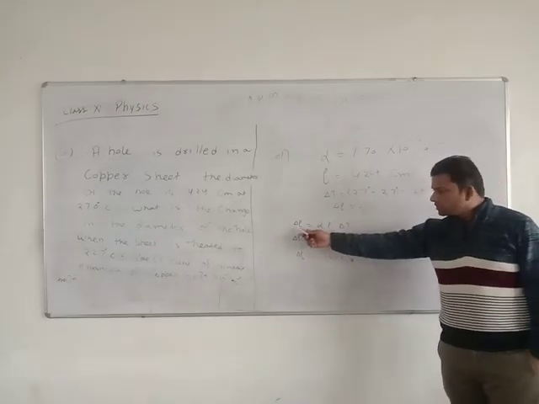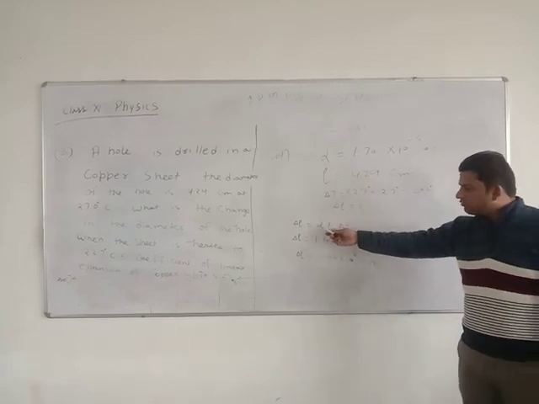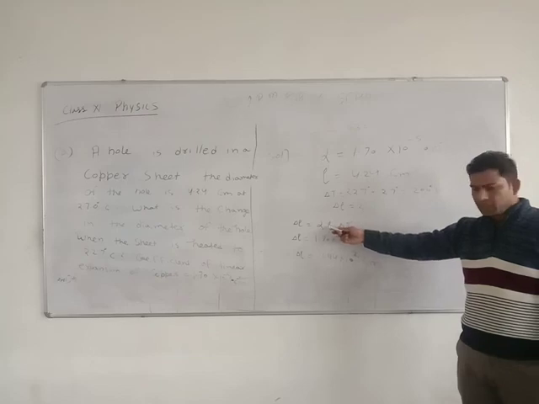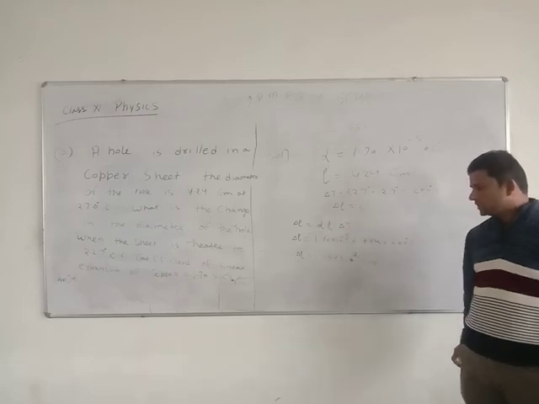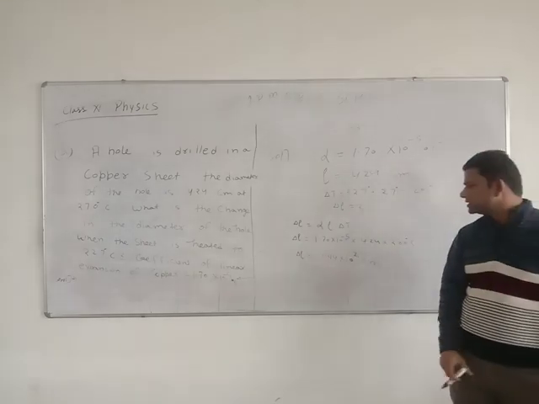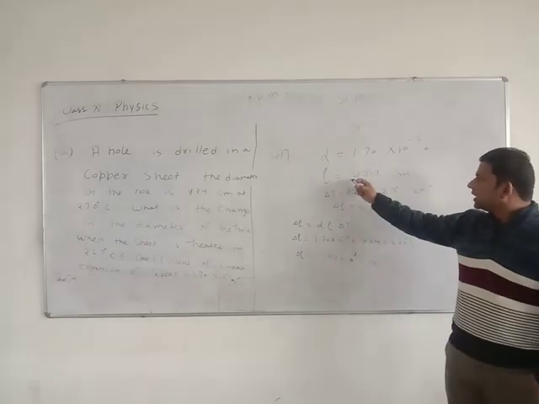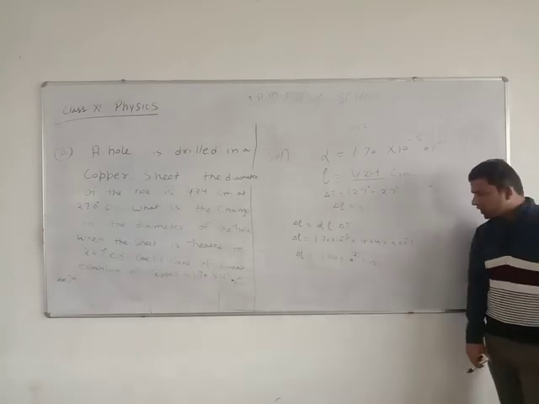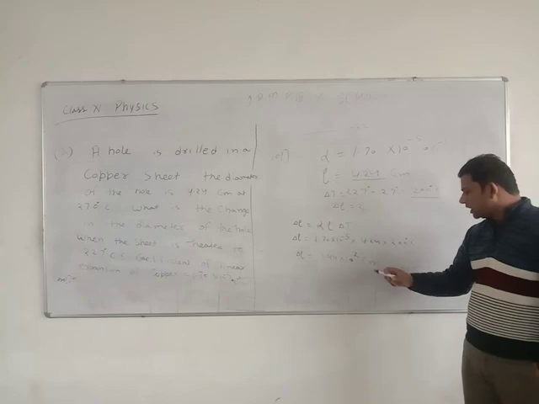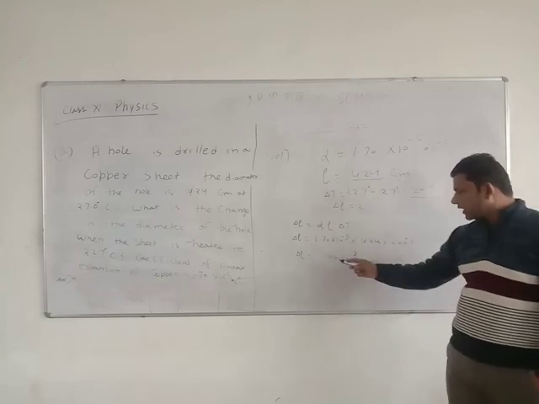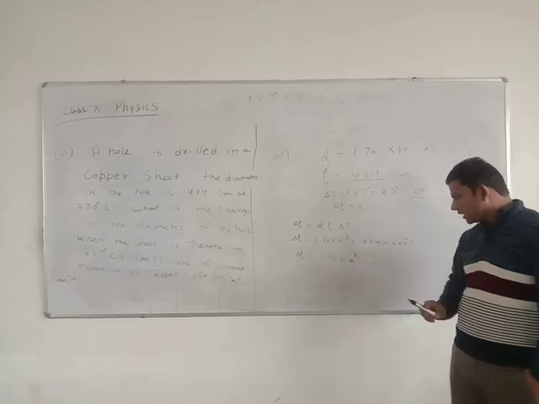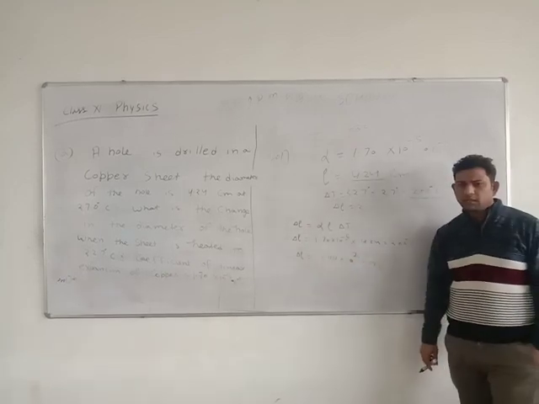The formula for change in length equals alpha, the coefficient of linear expansion, times L, the initial length, times del T, the change in temperature. We put the value of alpha, the value of small l, 4.24, and the change in temperature, 200. After multiplying these values, the answer is 1.44 into 10 to the power minus 2 centimeter. Thank you, students.